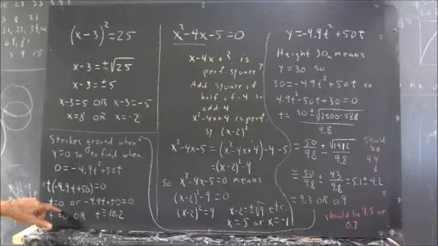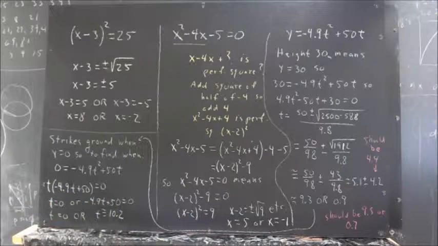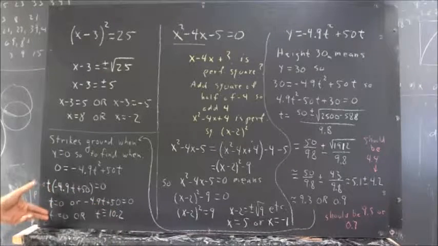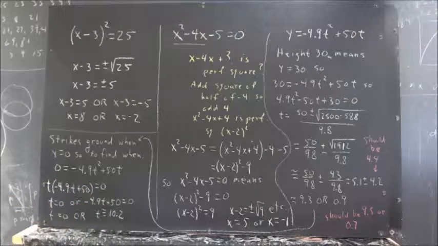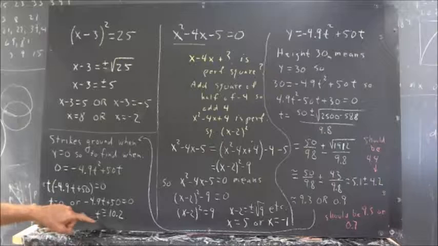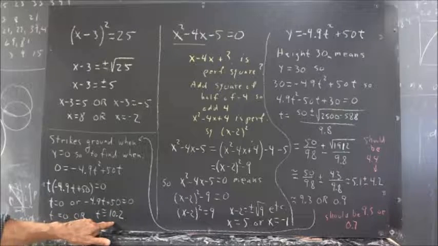So either t is 0, or negative 4.9t plus 50 is 0, and the solution to this is t about 10.2. So either t is 0 or t is approximately 10.2. The interpretation is that the thing is on the ground when you start, so y is 0, and it's on the ground when it ends, and that happens at t equals 10.2 seconds.